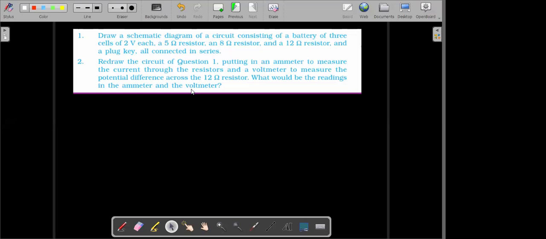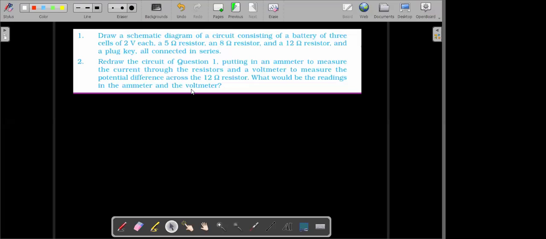So just draw it, everyone. What all we have to draw here? Sir, battery of 3 cells, 5 ohm resistor, 8 ohm resistor, 12 ohm resistor, and a plug key, ammeter.